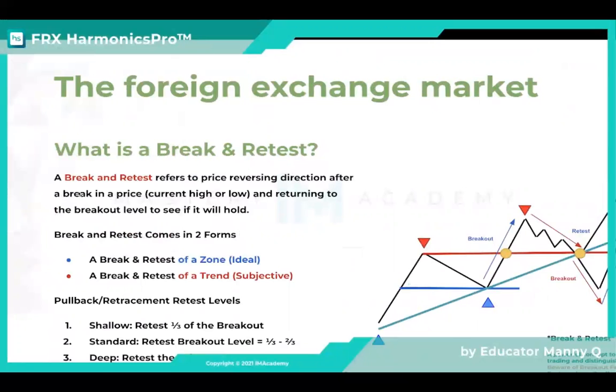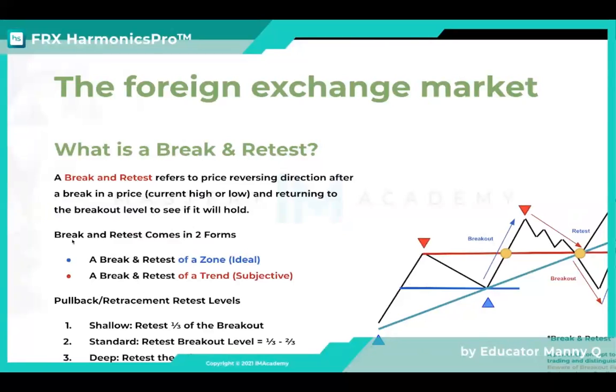So let's dive into this. A break and retest refers to price reversing direction after a break in price, which is the current high or low, that current zone or range, and returning to the breakout level to see if it will hold.